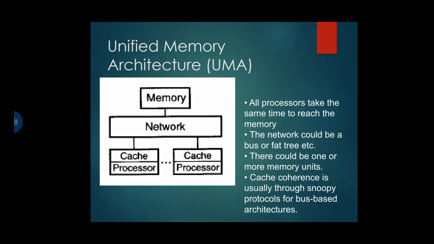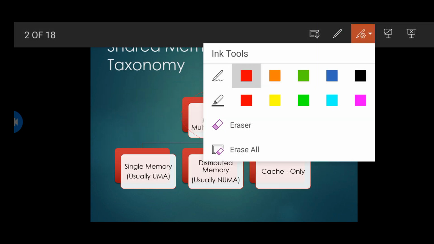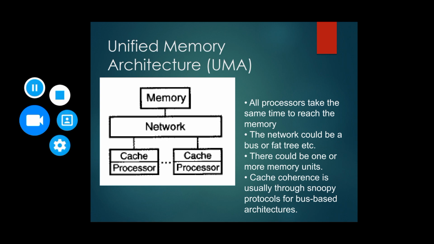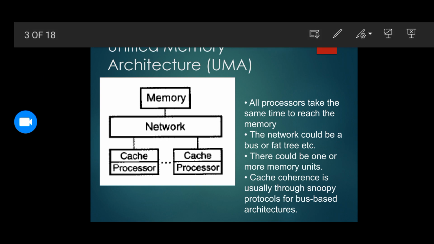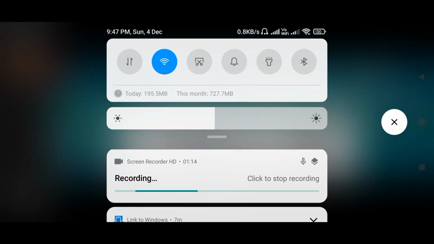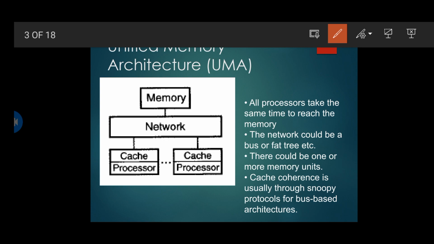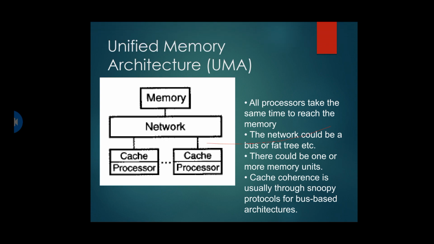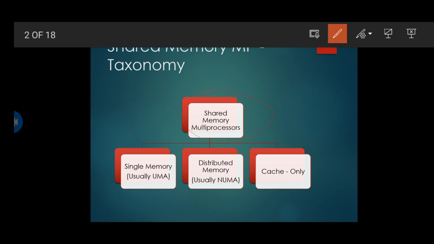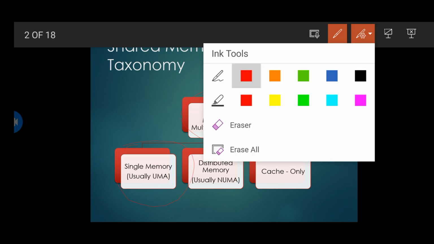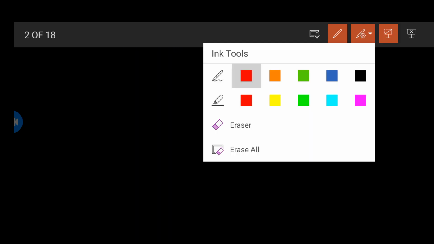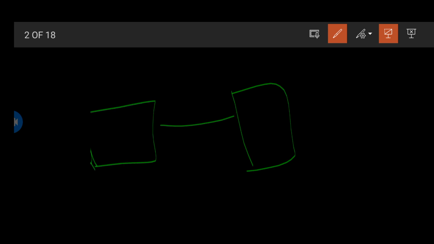Here you can see the first is single memory, usually UMA. Single memory means, let me show you, suppose there will be a single processor and a single memory here.